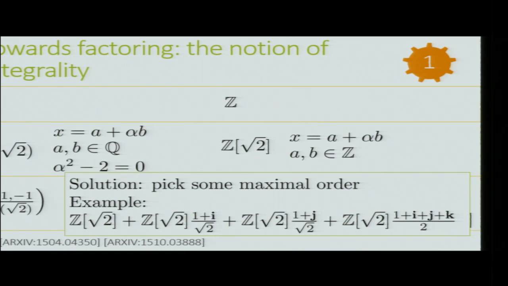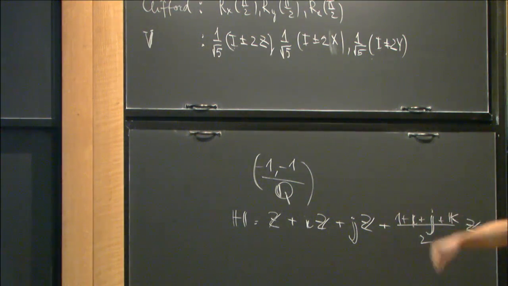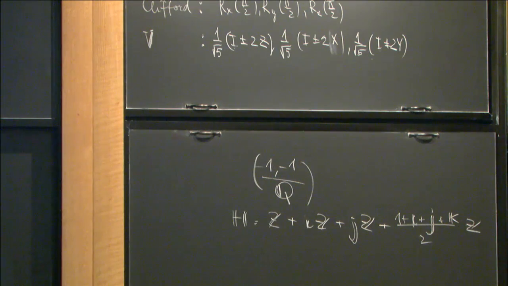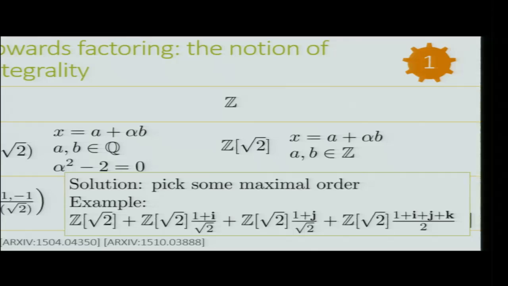It is defined as Z plus iZ plus jZ plus (1 plus i plus j plus k) over 2 times Z. So now I have a notion of integrality, and when I talk about approximating things with integral quaternions, I actually mean approximating with quaternions coming from a certain maximal order.